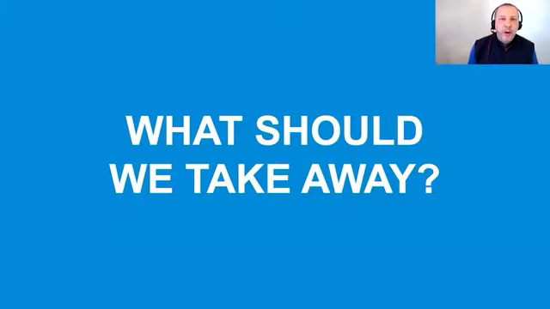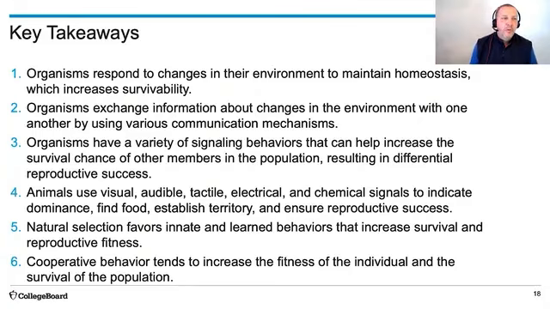So what should you take away from today's lesson? First, organisms respond to changes in their environment to maintain homeostasis, which increases survivability. Two, organisms exchange information about changes in the environment with one another by using various communication mechanisms. Three, organisms have a variety of signaling behaviors that can help increase the survival chance of other members in the population, resulting in differential reproductive success.